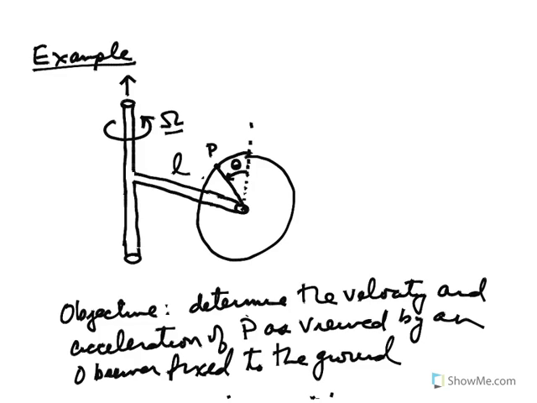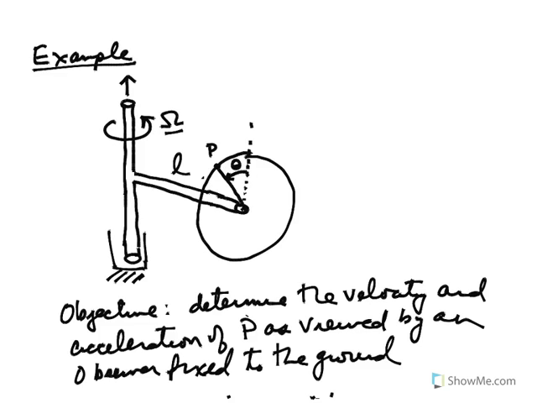And what we're going to denote here is that the shaft rotates relative to the ground. So here's the ground, and the shaft rotates relative to the ground, and the disk rotates relative to the shaft.